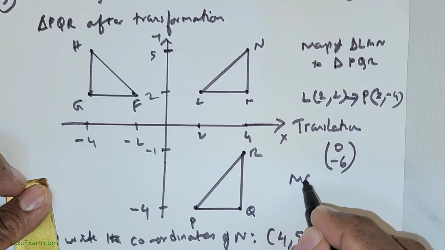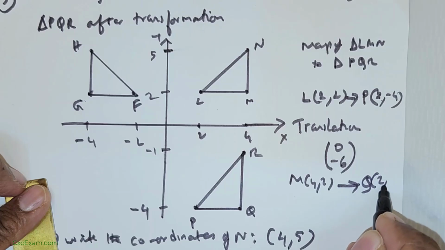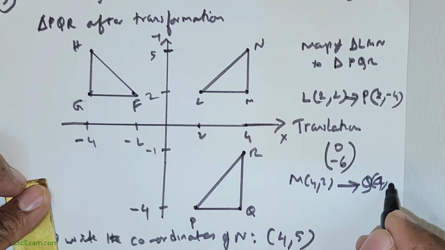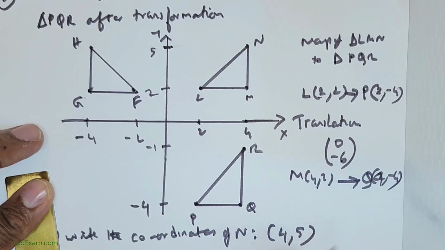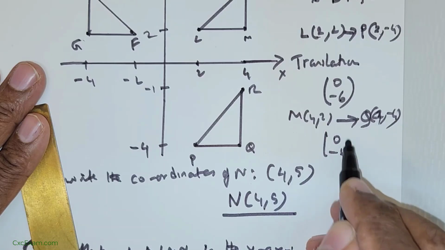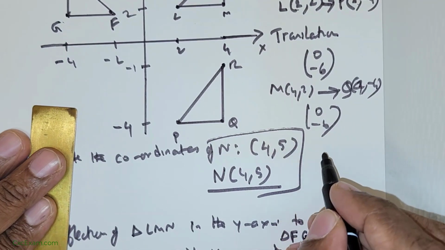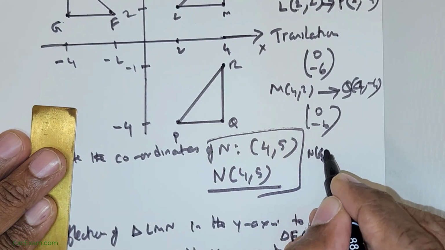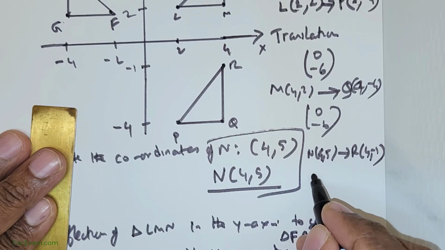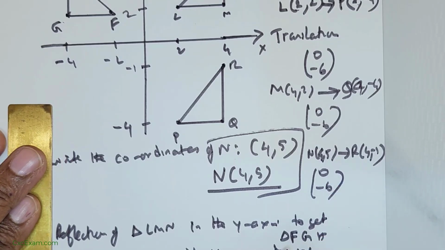So next is the M of 4, 2 is mapped to Q of 4, -4. So the translation is going to be 0, and 2 and -4 is going to be -6. So the next is N of 4, 5 is mapped to R of 4, -1. So the translation is 0, and 5, -1 is -6.